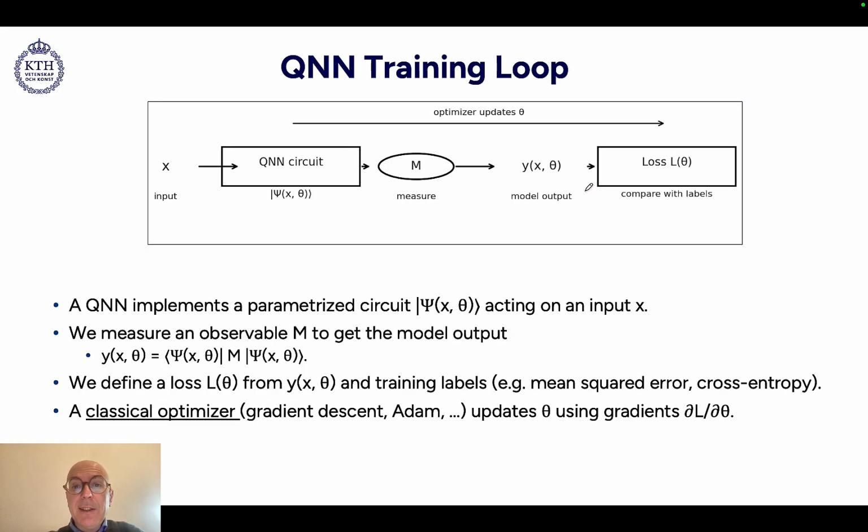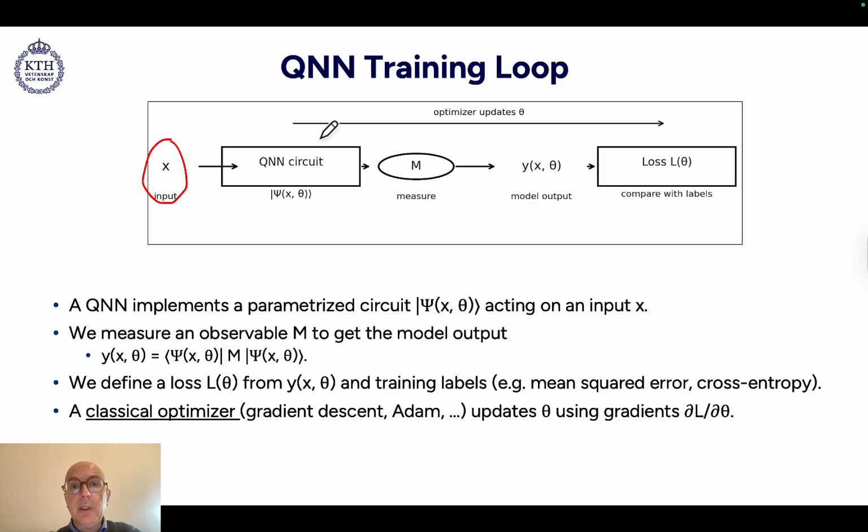So the slide here presents a summary of what the loop during the training looks like, the different iterations. We start with our input, that is one data item from our dataset, typically consisting of different features. We have a feature map first and then a variational quantum circuit.